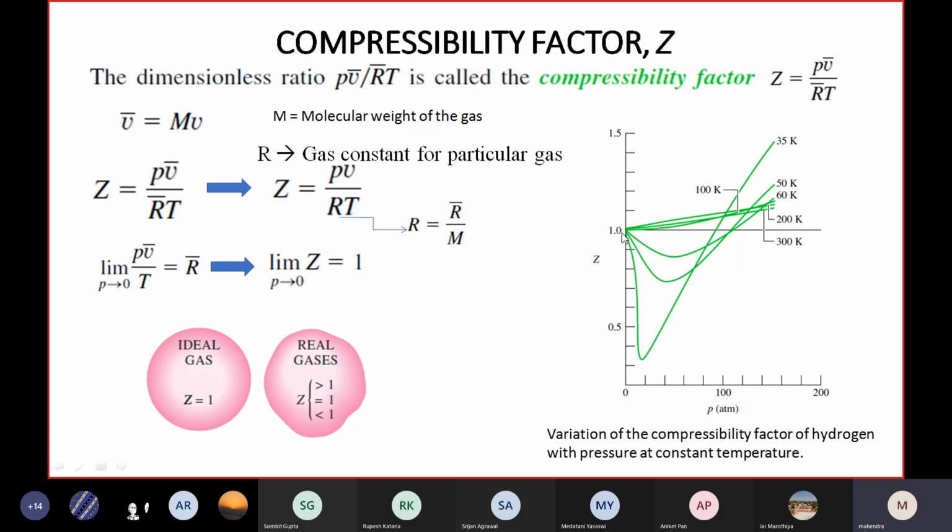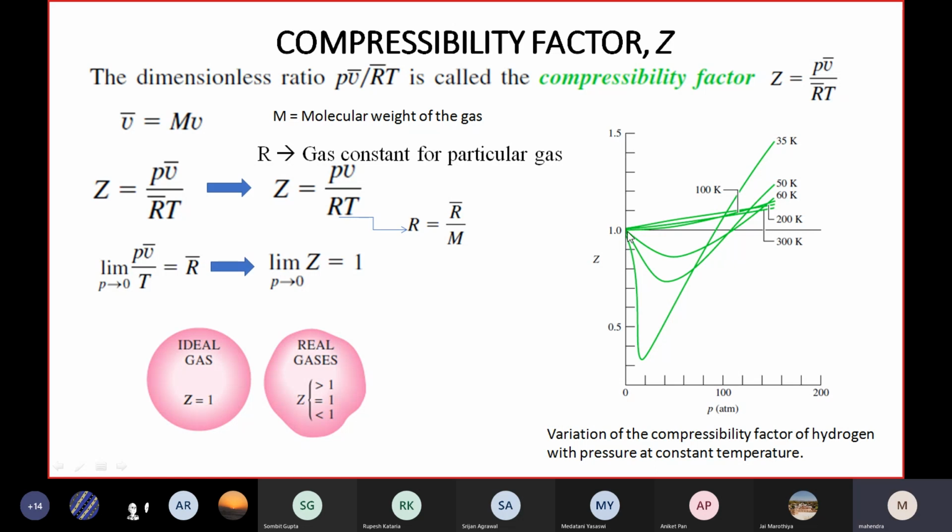At certain cases, Z equals 1 for certain temperatures. One thing you have to observe: irrespective of the temperature, at very low pressures, in this zone, this hydrogen gas at any temperature is behaving like an ideal gas.